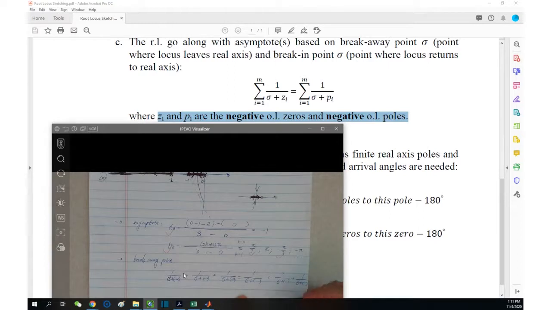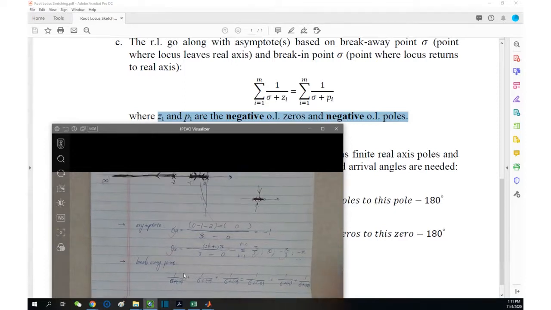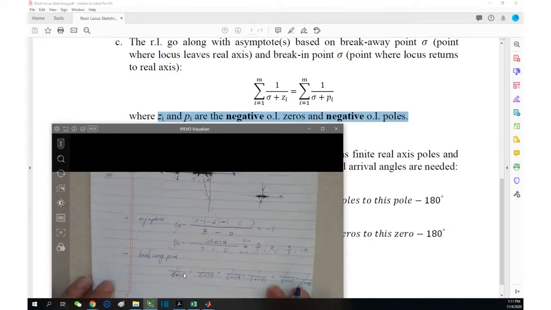Open loop poles are 0, negative 1, and negative 2. But here it is negative, so negative 0, negative 1 is positive 1. Negative negative 2 is positive 2. Does it make sense? This is how we write this equation.